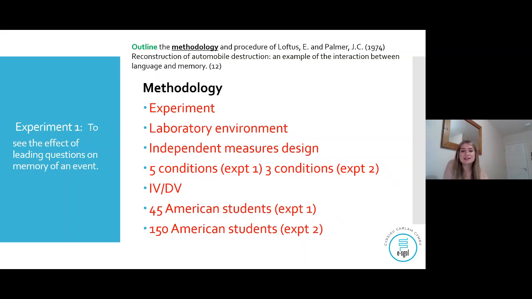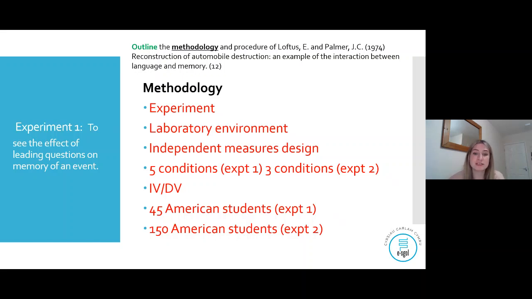And it was an independent measures design. Independent measures design and repeated measures designs are experimental designs that are really important to keep in our methodology. Independent measures design means that you have two separate groups of participants and they just do one element of the experiment. Repeated measures design is when you have one group of people and they do both elements one after the other.